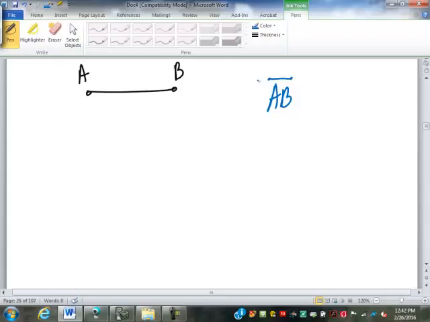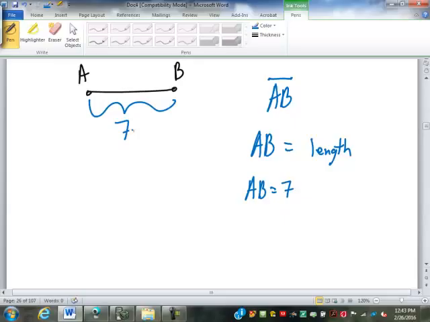If I had the arrows on the end, it would be line AB. But if I just name it like this without that little bar above it, what I'm asking is the length. So if I just say AB equals 7, that is telling me that this is 7 units long, whatever units I'm using to measure it in.